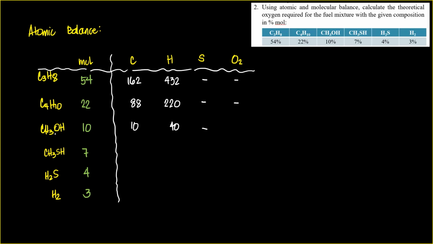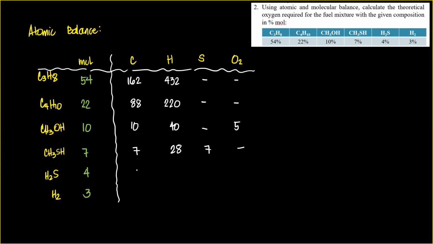Kasi this is O. 10, kung O siya, eh O2 hiningi ko, eh divided by 2. 5. So CH3SH, 3 times 1, 7 times 1, tapos ito 4 times 7 is 28. Ilang sulfur? 7. Tama? And then wala siyang oxygen.